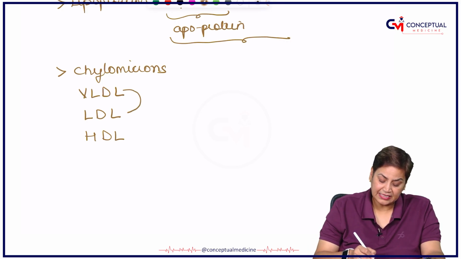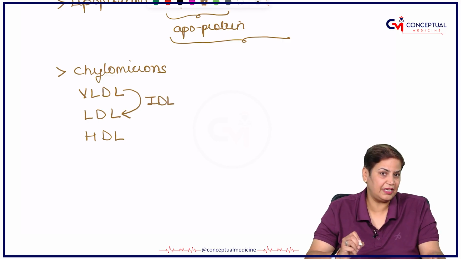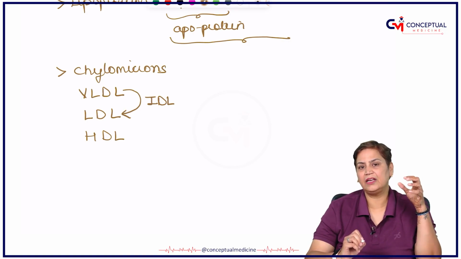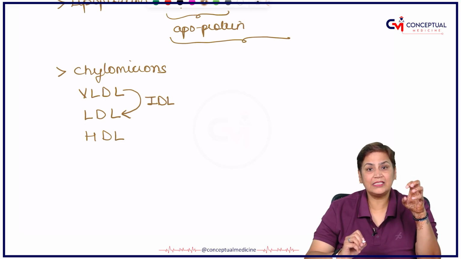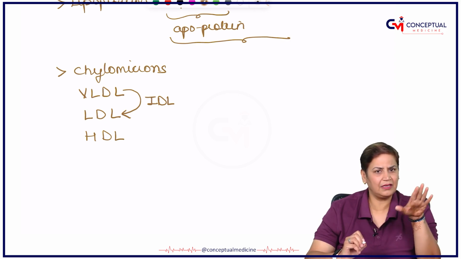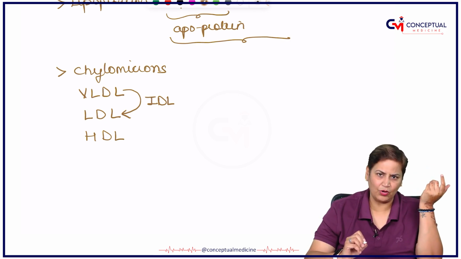When VLDL is converted into LDL, IDL is also produced, which is intermediate density lipoprotein. You have to understand the difference between lipoprotein and lipid. Lipoprotein is the one which is associated with the apoprotein, and lipid is a fat molecule.